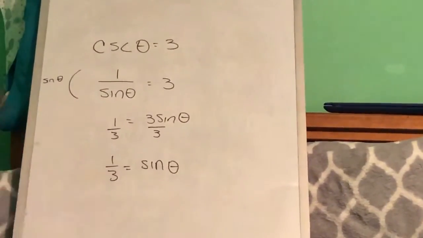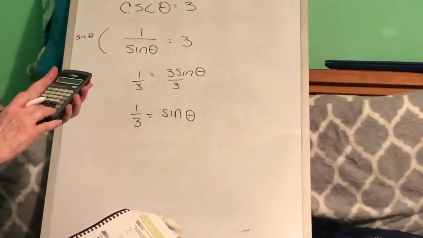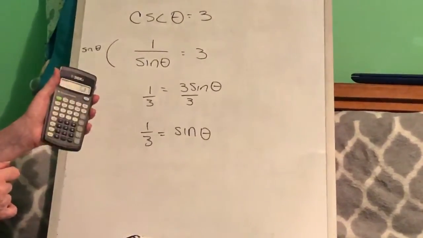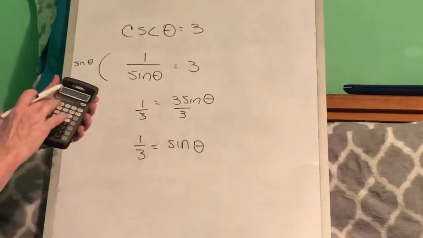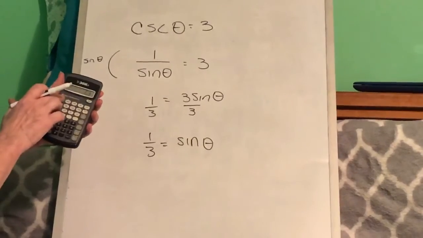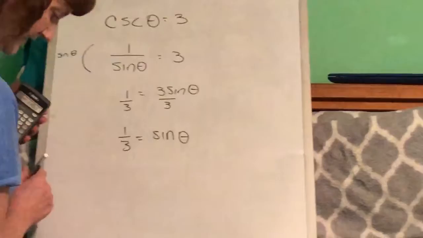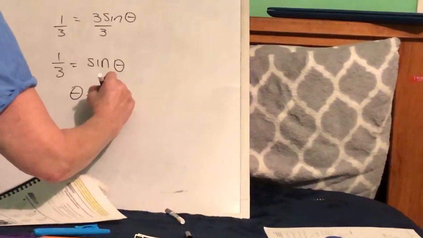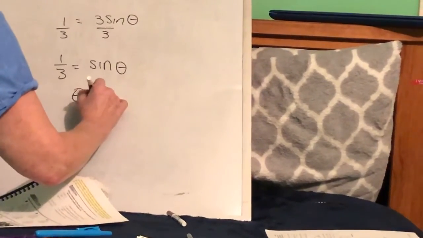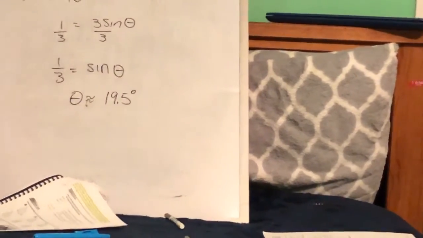Now remember how to do that in your calculator. You know that 1/3 is the value we have, and we want to find the angle, so we're going to use arc sine, the second button and the sine, which will tell us that theta is approximately equal to 19.5 degrees, depending on the rounding.